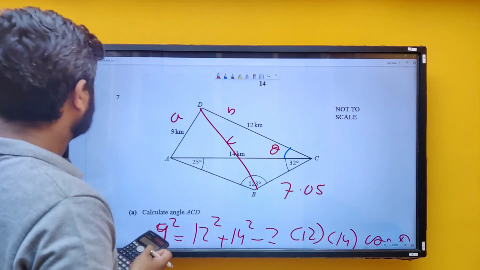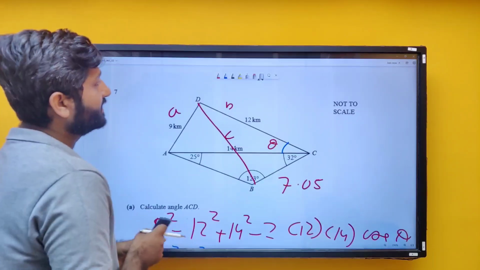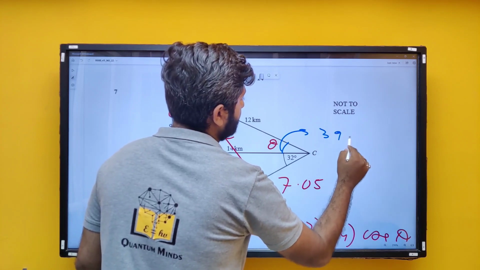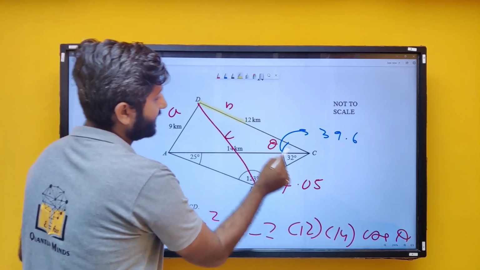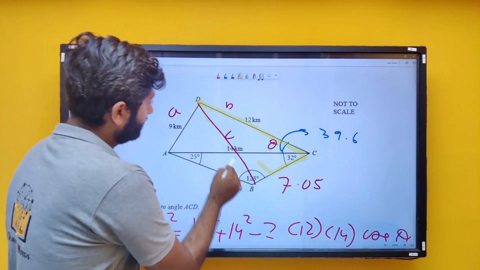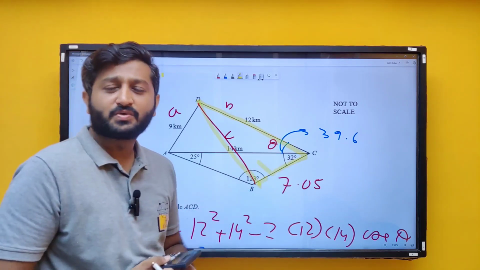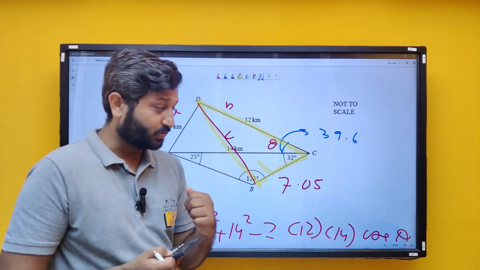I have also found angle ACD, which is 39.6. If you observe this triangle, I have been given two sides and the angle between the two sides. So in order to find the opposite side, I'll have to use the cos rule again.